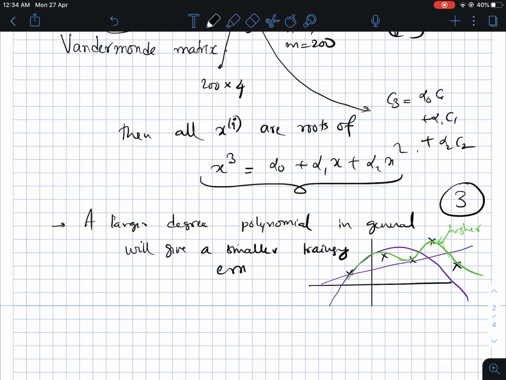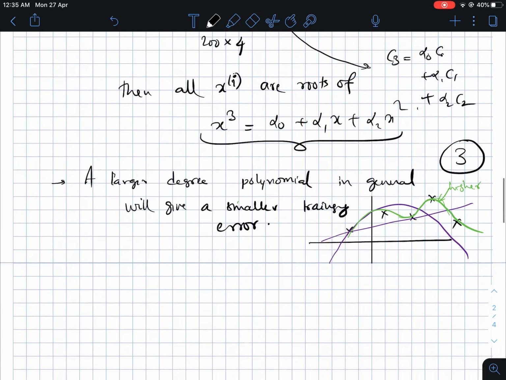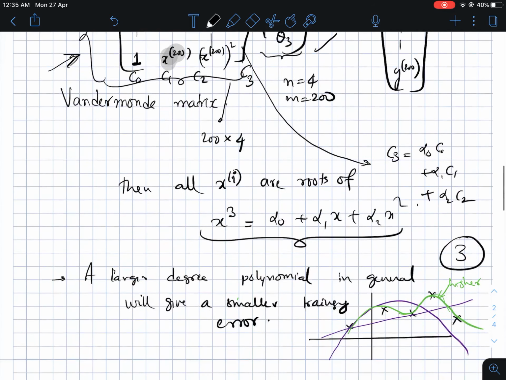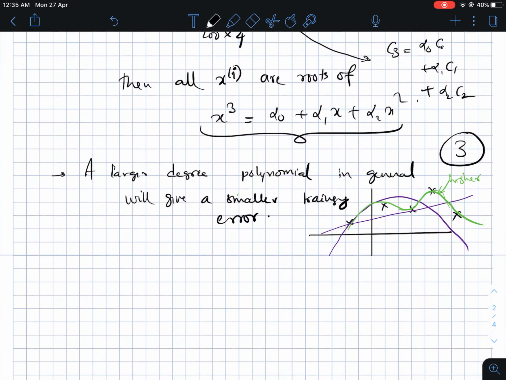So then the question that we ask is, why not just pick a really large degree polynomial? For one thing, as I told you, numerically you may run into the issue that you may not have an invertible matrix. But more importantly, we cannot assume that this data is completely representative of all the unseen data, meaning that we cannot assume that all these wiggles are indicative of the students in the next batch also.